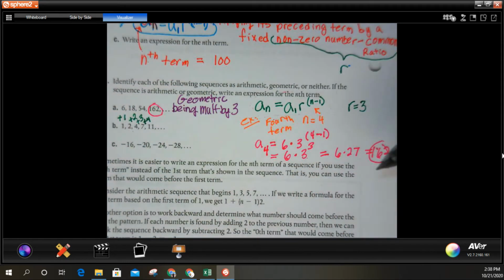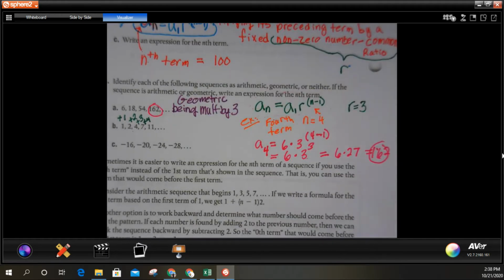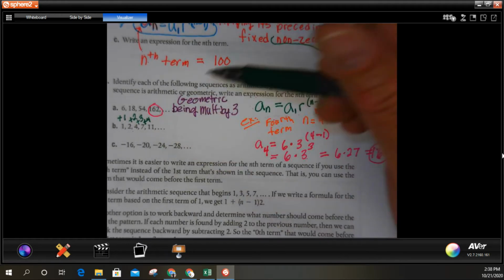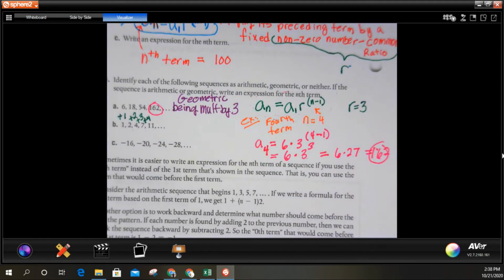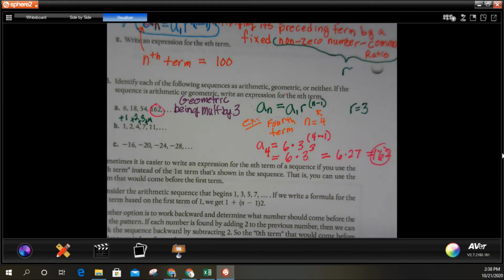So is this a sequence? Hmm. That has to be a constant term. If we look at the definition of our arithmetic sequence here, bring it back up.